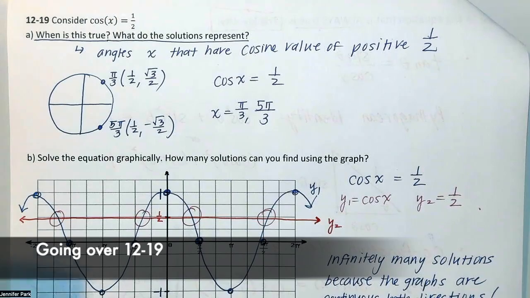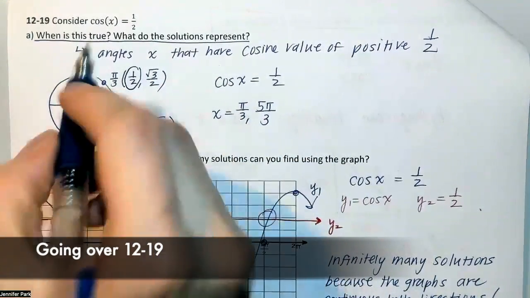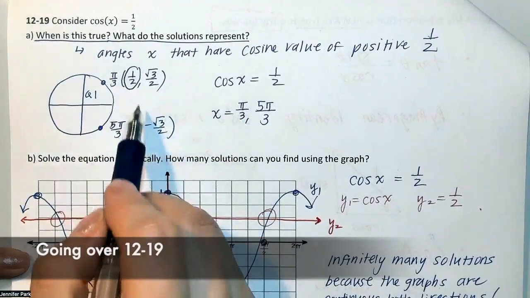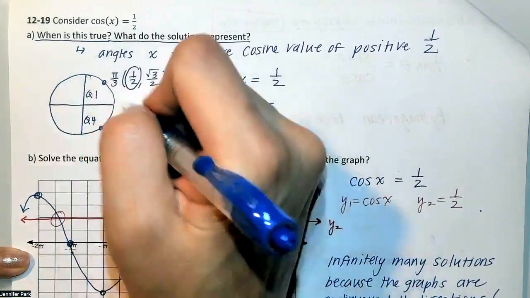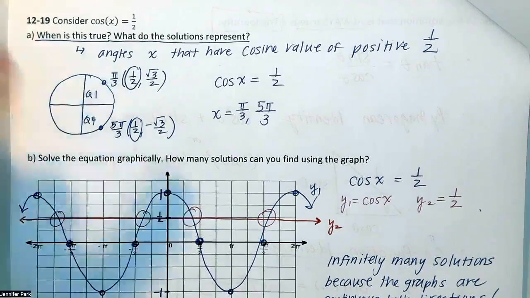If you think of the unit circle, angles that have positive cosine value of 1/2 are in quadrant 1, which is pi over 3, and you also have another angle in quadrant 4, 5 pi over 3, that has a cosine value of 1/2. So you can say this is sometimes true when x is equal to pi over 3 and 5 pi over 3.